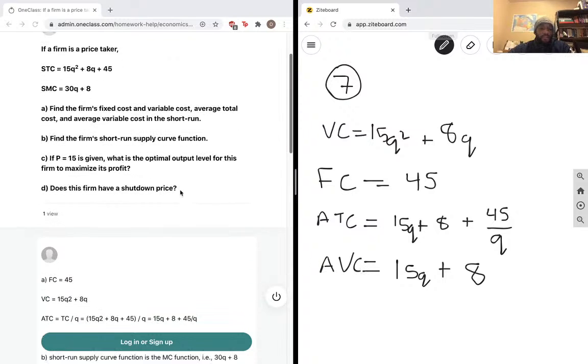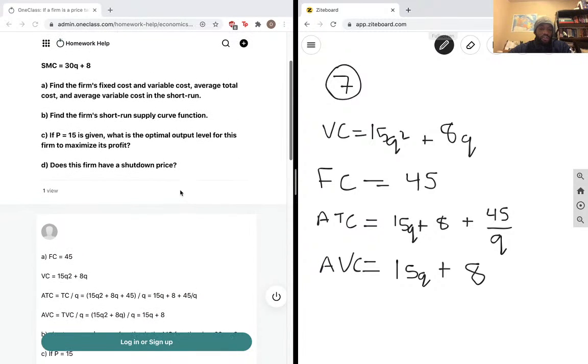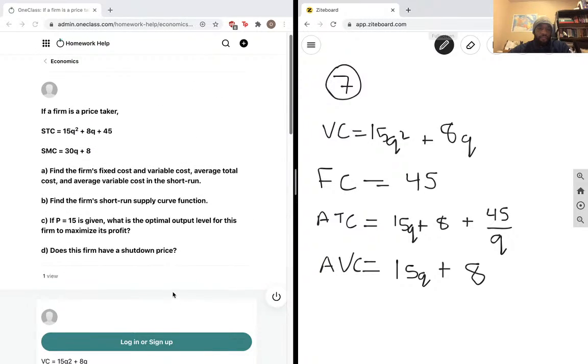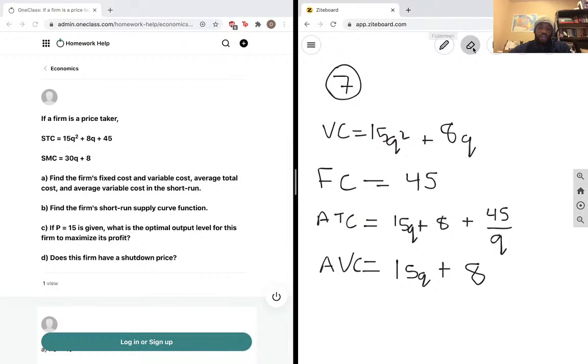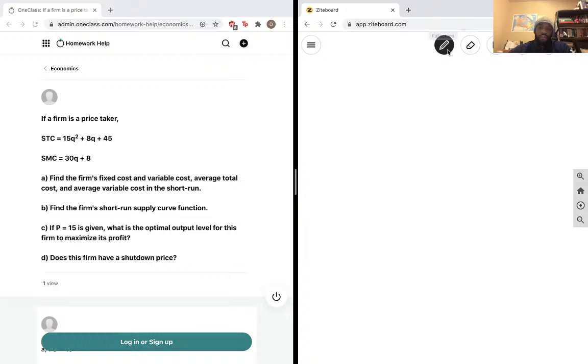So that answers the first question. And does our tutor agree with that? Yes. AVC equals 15Q plus 8. And that's done by dividing everything by Q. So that's part A. Just gonna erase this. Still on question 7. We're just looking at B now.